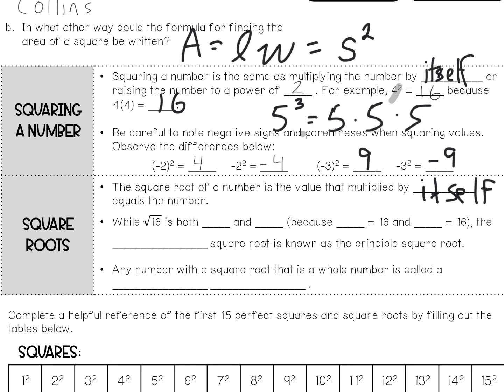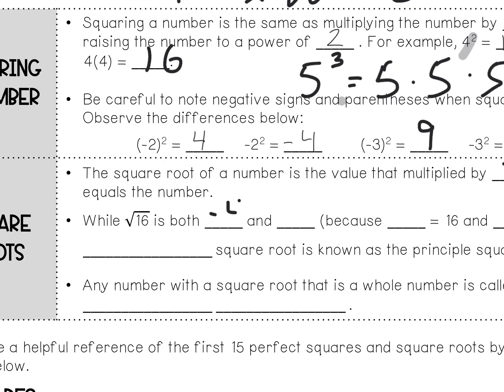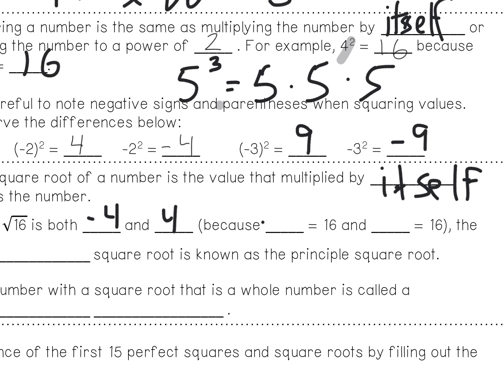So the square root of 16 is both negative 4 and 4, because negative 4 times negative 4 is 16, and 4 times 4 is 16. Those are both true, right? Yeah? Okay.